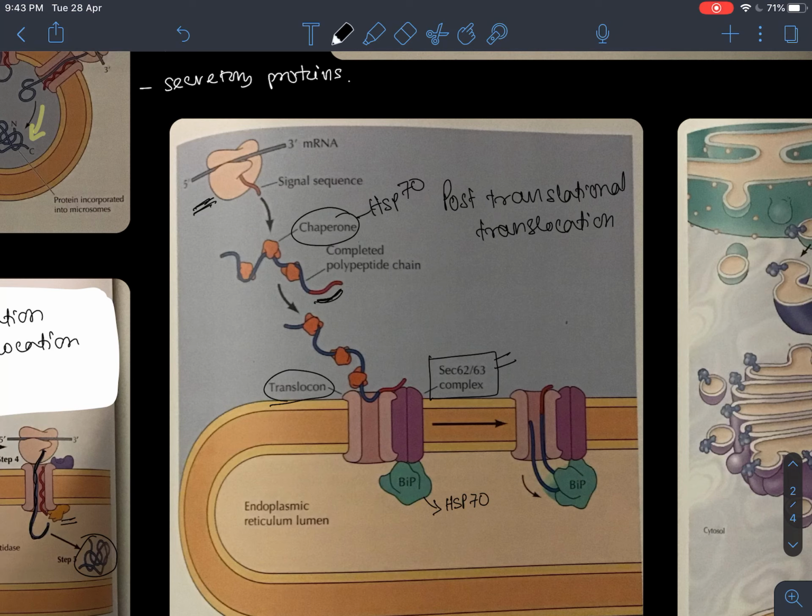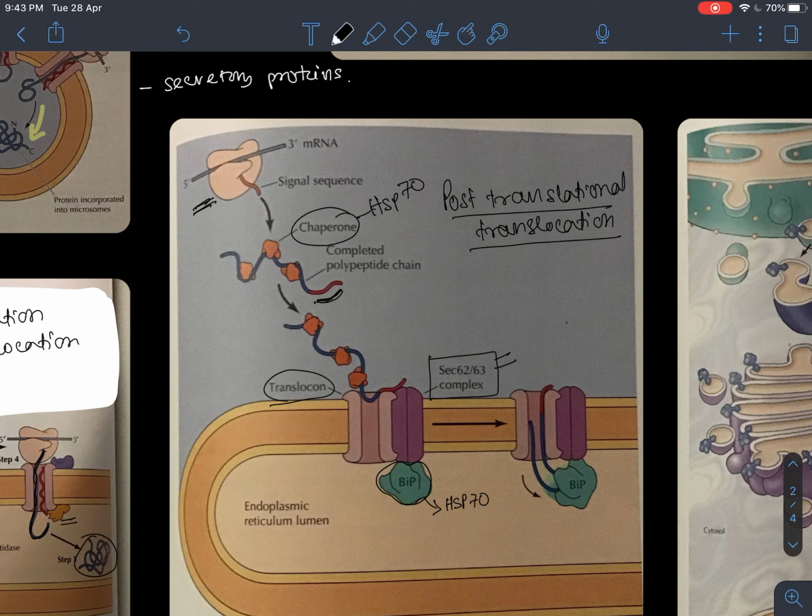The Sec63 protein is also associated with a chaperone called BiP. This BiP is again an HSP70, and it acts as a molecular ratchet to drive the protein translocation into the endoplasmic reticulum. So this is the difference between post-translational and co-translational translocation.